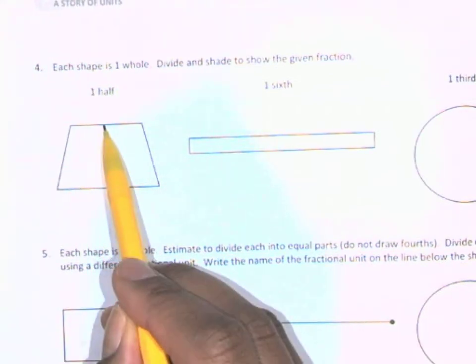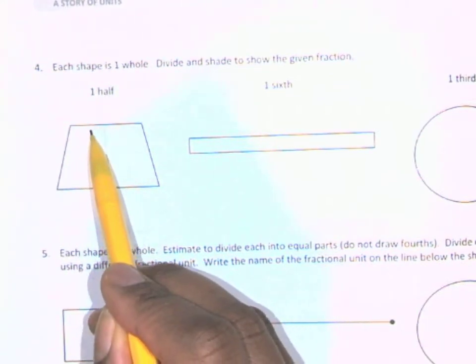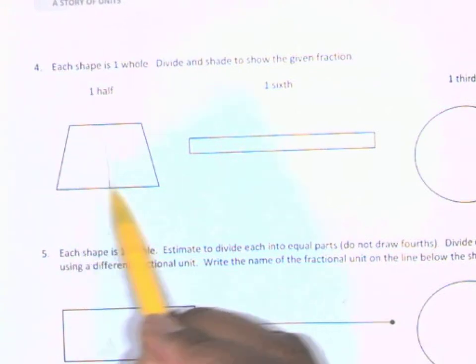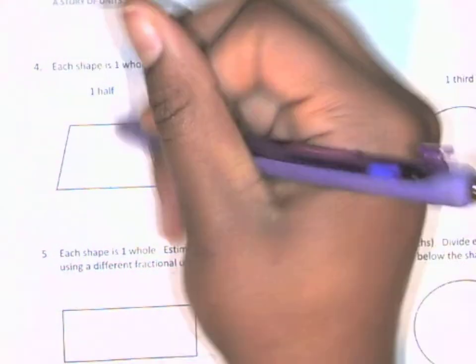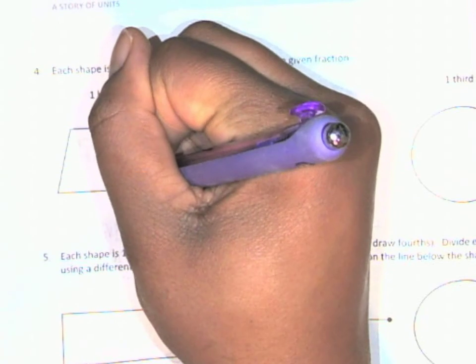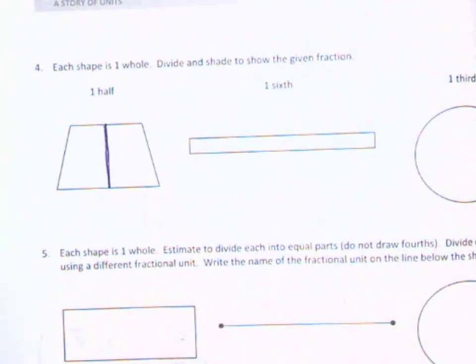So I want to split it at the top so they both have this narrow part and they both have the wide part at the bottom. So I'm going to draw my pen now to help you see this line. Okay, right down the middle.